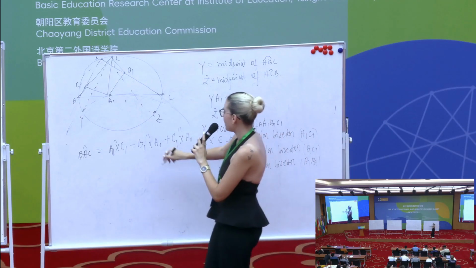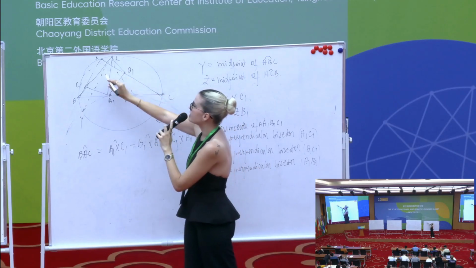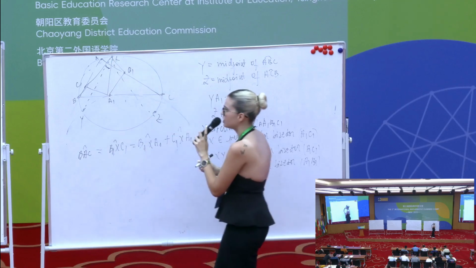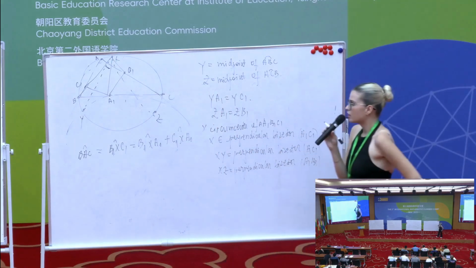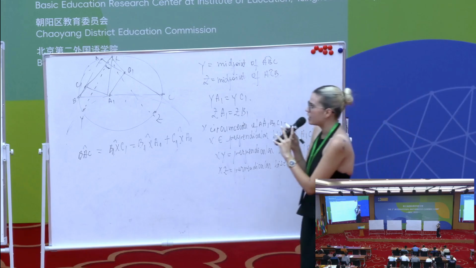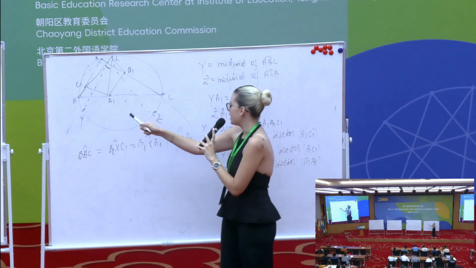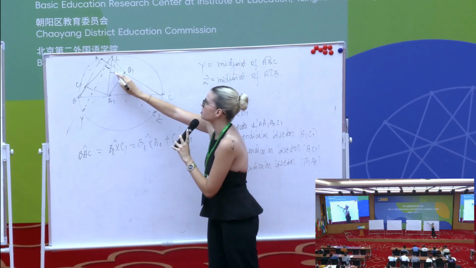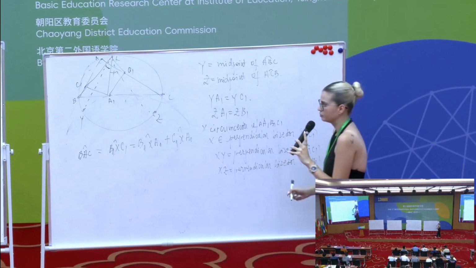So instead of the angle C1XA1, I can just write 2 times one of these angles. So basically, instead of the angle B1XA1, I can also write 2 times this small angle right here.